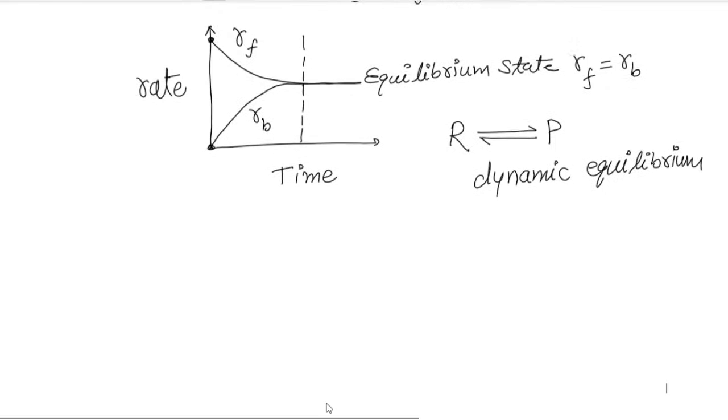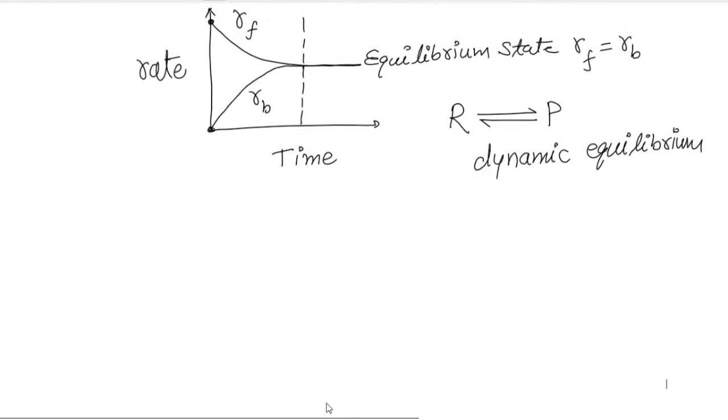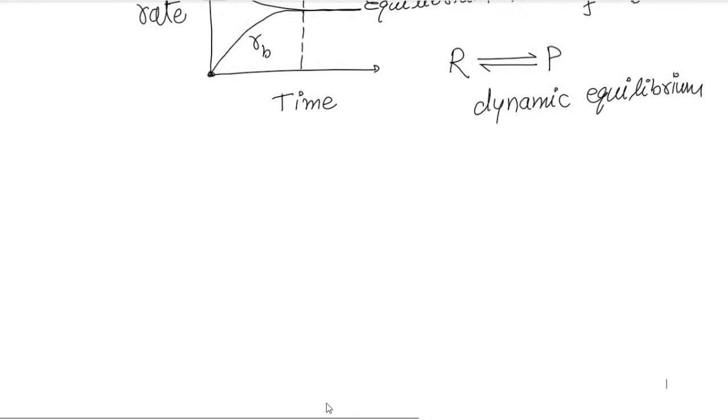Okay. So, you know, chemical reactions are of two types, reversible and irreversible, right.